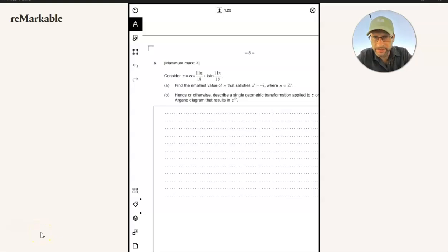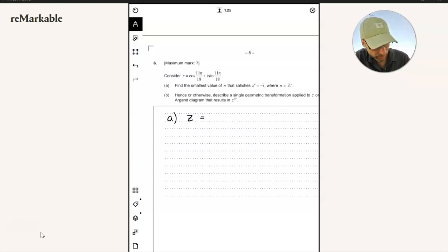Question 6 is a lovely question about complex numbers, and it's probably the hardest question, if you ask me, in the entire paper 2. We're given a number z that is equal to the cosine of 11 pi over 18 times i plus i times the sine of the same angle, luckily. So that means that we can start out by writing this nicer.